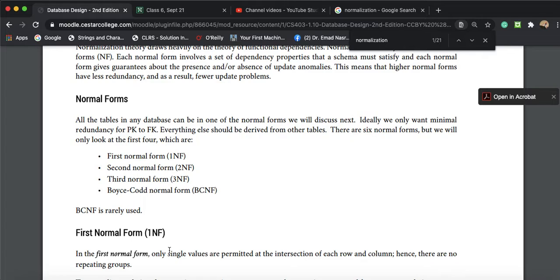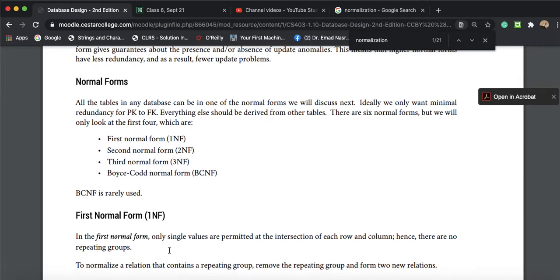So if the relation or the database is in the third normal form, it means it is in the second and in the first, but not the opposite.